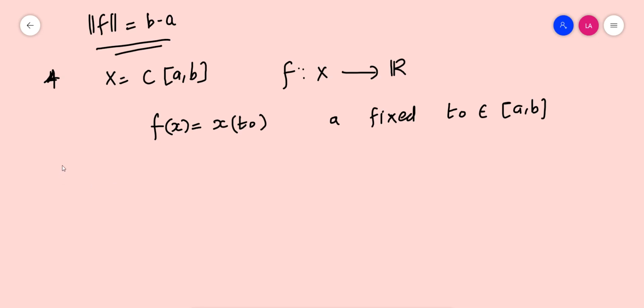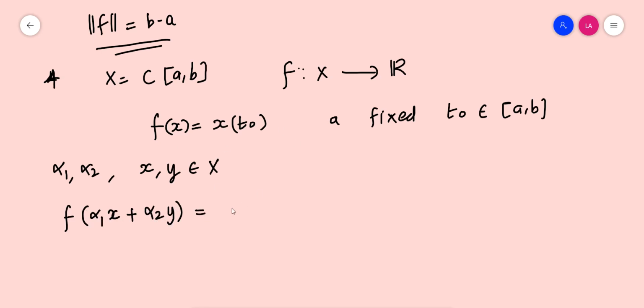For that, take scalars alpha 1, alpha 2 and vectors x, y belonging to capital X. These are scalars which belong to the underlying field. So f of alpha 1 x plus alpha 2 y should be equal to, by definition, alpha 1 x plus alpha 2 y at the point t naught.